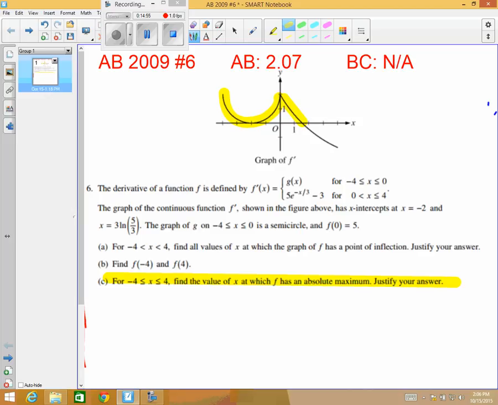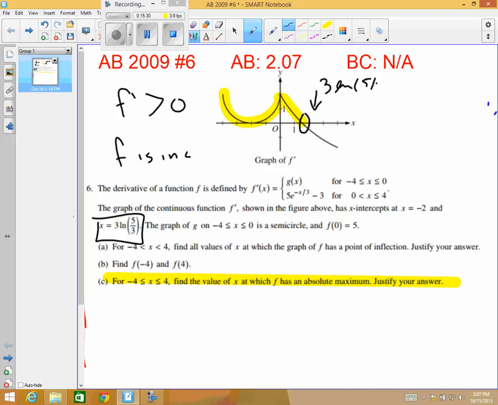Saying it another way, f prime is positive, so f is increasing. And if we're increasing that whole time, that means we must have started kind of low and eventually got kind of high. Right here at this point, which is identified for us, by the way, it tells us that value of x is 3 natural log of 5/3. Good luck figuring that out without a calculator, right?